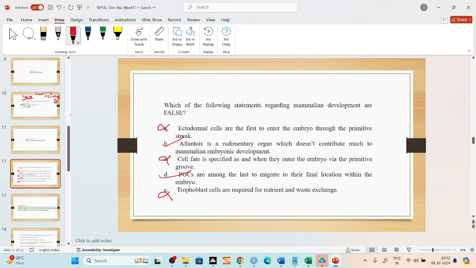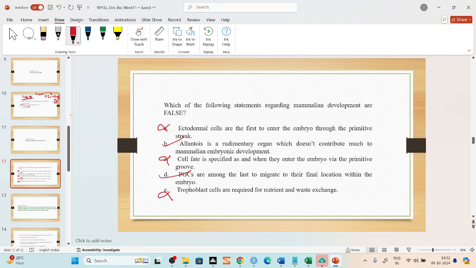Whenever you're solving these kinds of multiple choice questions, it is a lot context dependent and comparative. The same statement can be true in one case and false in another.